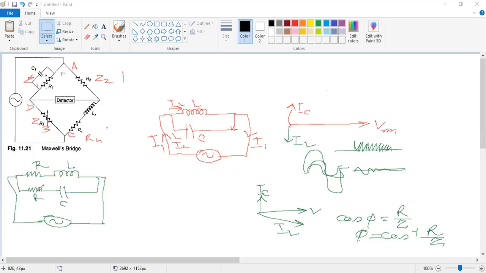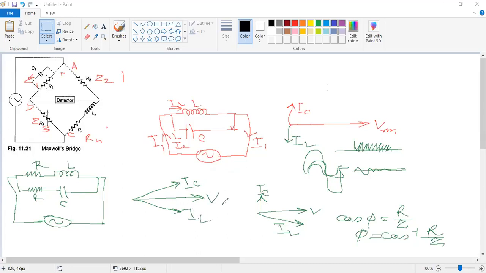And if R is with the capacitance, then also it will not be perfectly 90-degree. So what happens? It creates some angle, not a perfect 90-degree angle, just like this.